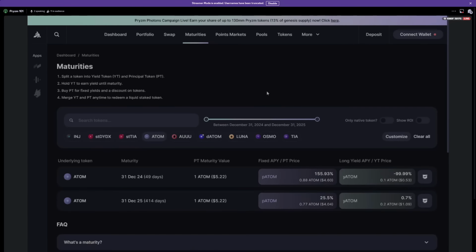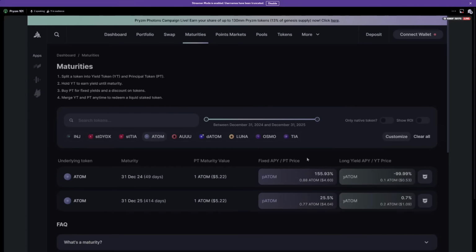Plus, you might end up receiving some extra airdrops, but you should do the maths. Everyone should work out: if I stay on the Cosmos Hub and just earn 15%, are the airdrops that I receive going to make up for not taking an opportunity now to earn 155% or 156% here on Pryzm?